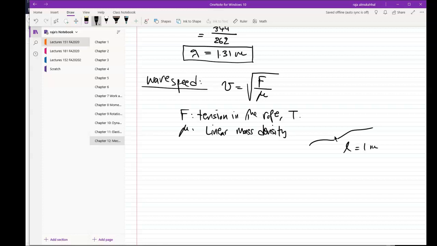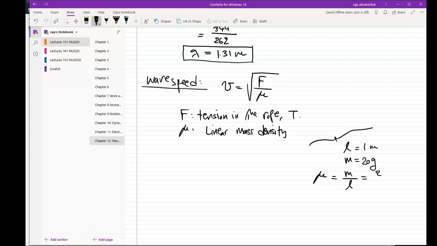And if I take this string and weigh it, I put it on a scale, and let's assume its mass is, guess the number, let's say 20 grams. The linear density of the string is simply the mass of the string divided by its length. That's it.